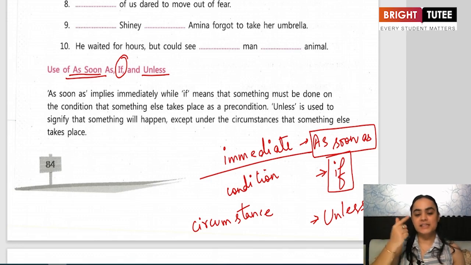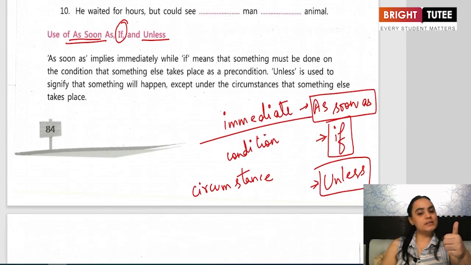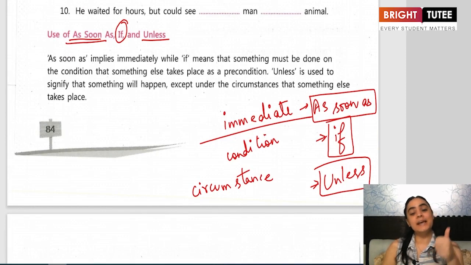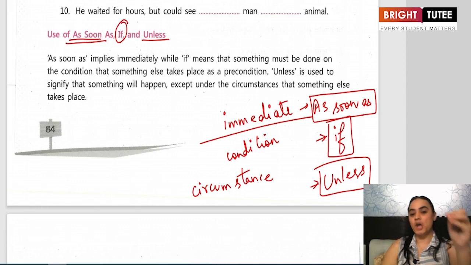Right? So, this is when we use as soon as, unless and if. As soon as means when something takes place immediately. We use if when there is a condition that we have to place. We use unless when there is a circumstance on which our action will depend.